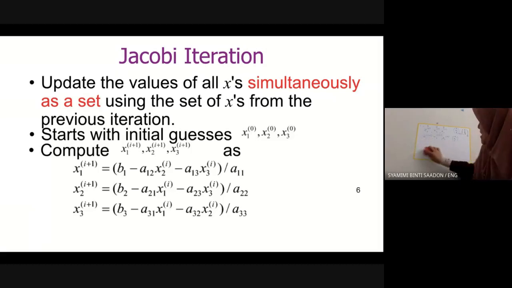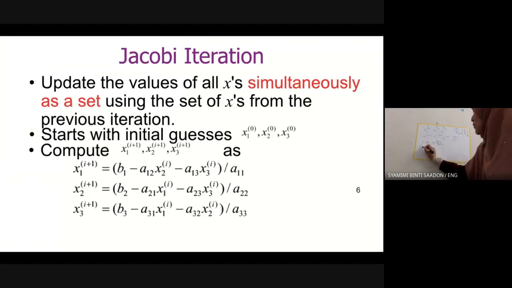So the different part for Jacobi, you have to imagine this when you want to program this in MATLAB or Python, etc. Jacobi means that when I is 0, we have S1, S2, S3 at 0, so the error is small.